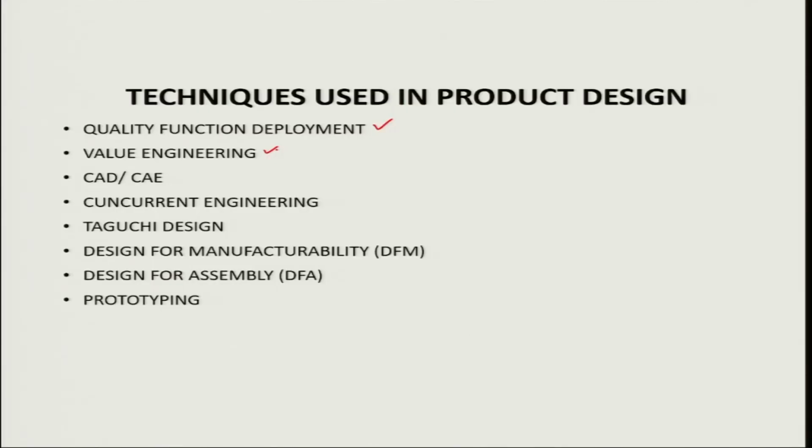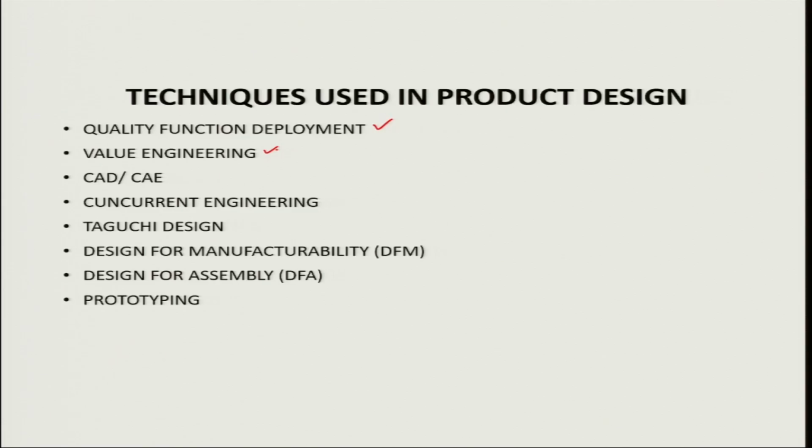Then the development cycle may be very long, because the second stage will give some feedback and you improve it again, the third stage will give some advice, and again you start improving it. Rather than doing that, let us take all the decisions simultaneously, concurrently. That is the concept of concurrent engineering. Then Taguchi also gives some design thinking ideas. He said that the product performs best when it is produced at the target value.